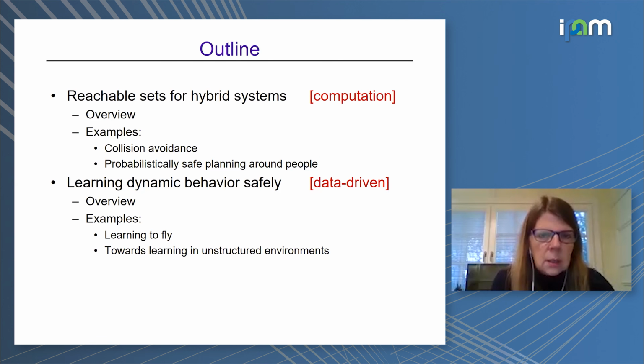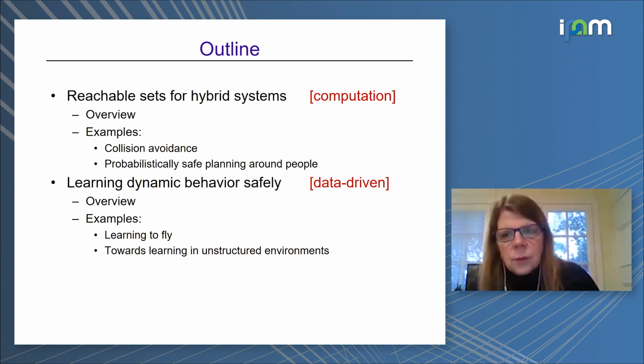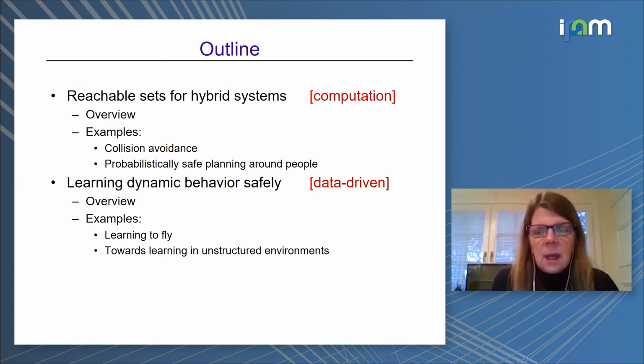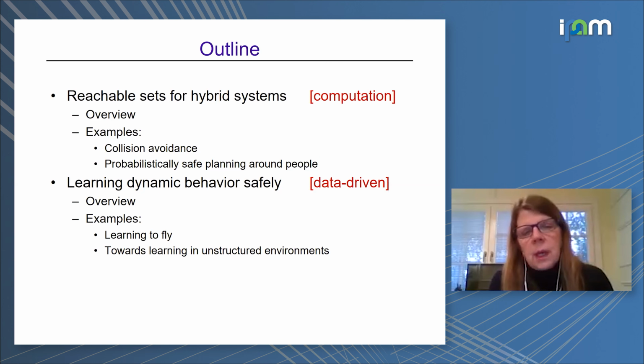Okay, so let's go ahead. The outline for the talk is, first, an overview, recapping the reachability methods for hybrid systems and how we use Hamilton-Jacobi methods for that. We'll recap what a reachable set is and its computation, and illustrate it through a couple of examples.